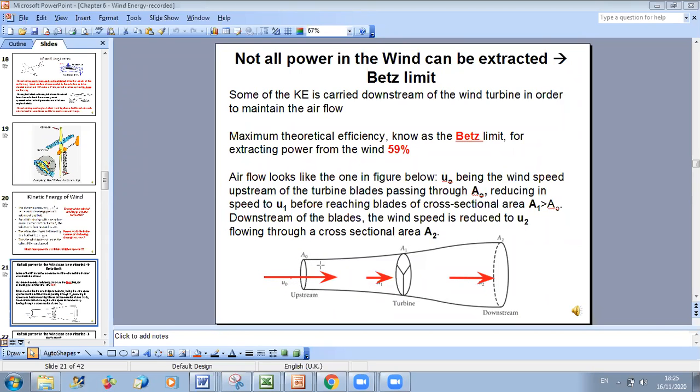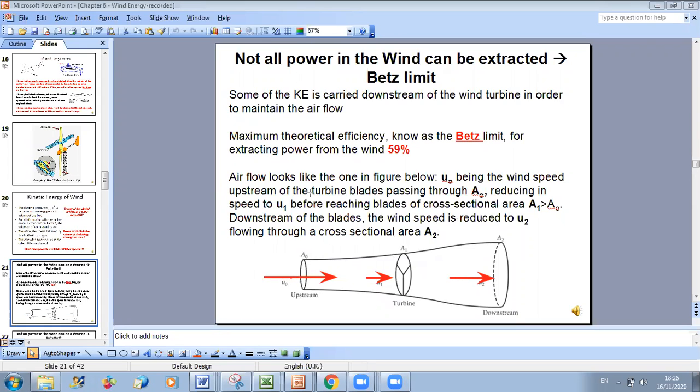Then when flowing within the turbine blades, it will go over a cross-sectional area A1, and it will be ejected through a cross-sectional area A2. If we do a certain design such that A0 is the smallest cross-sectional area and A2 the highest cross-sectional area, this will lead to U0 being the highest velocity.